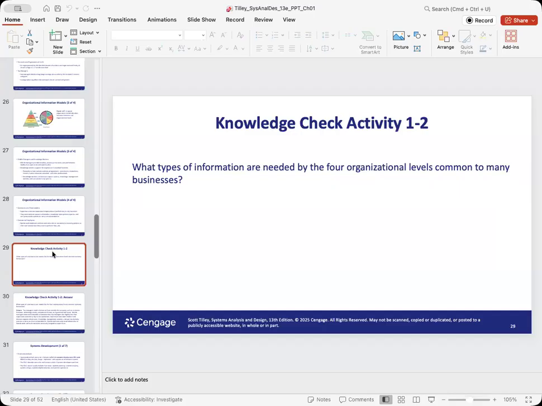Okay, any question? So what type of information is needed by the 4 organizational levels that are common to many businesses? Anyone here?